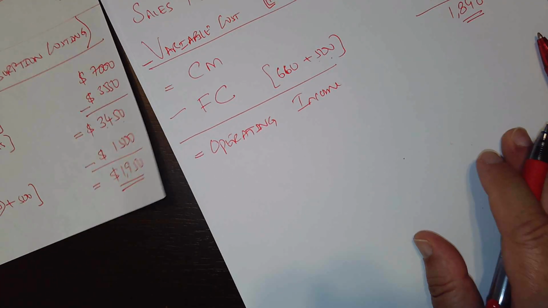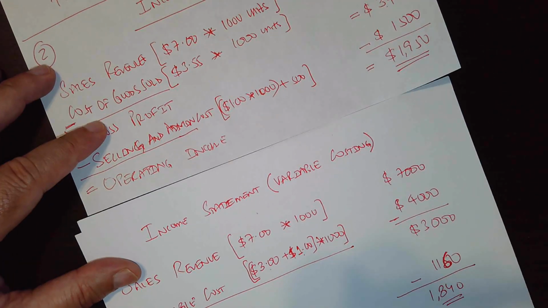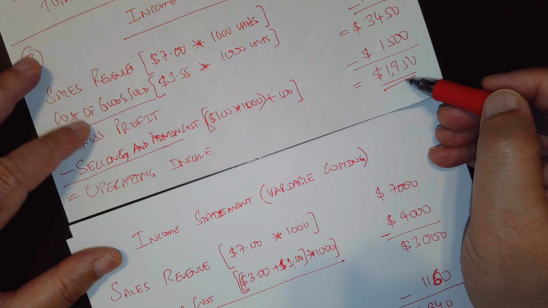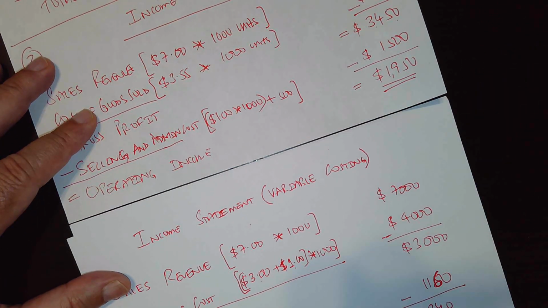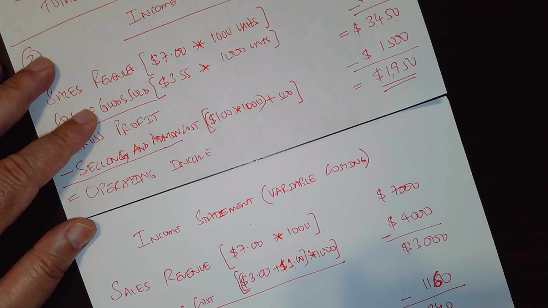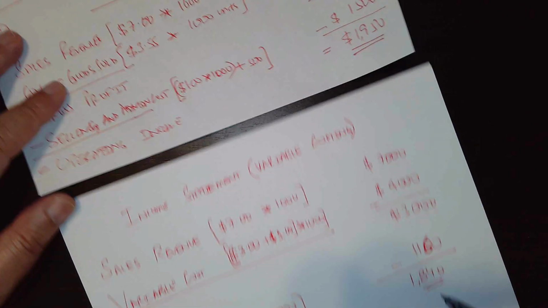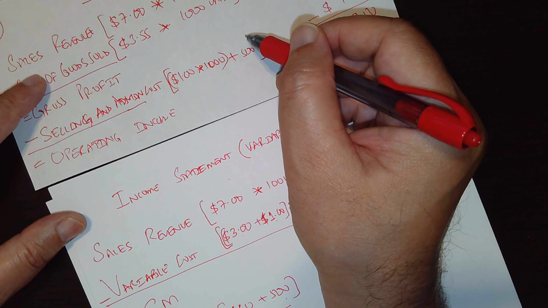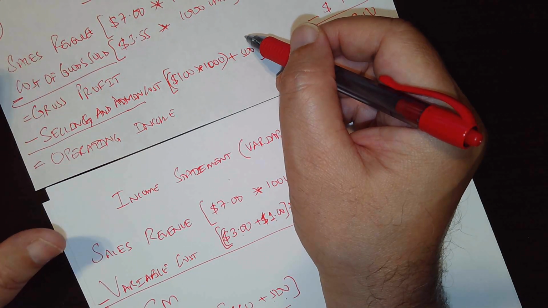If I keep both side by side for you, you notice the operating income under absorption costing is 1,950 and over here it is 1,840. The only difference here is the absorption costing does not care how many you produce. It only takes into consideration what you have sold.